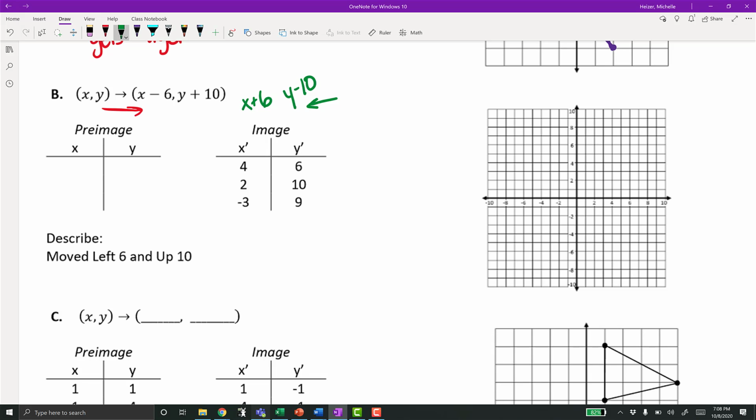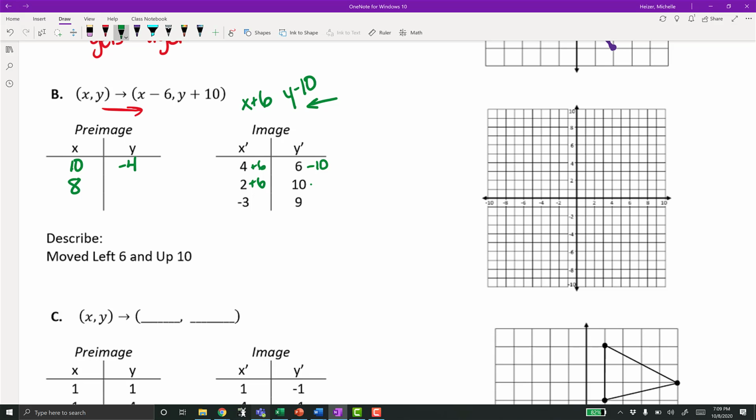Now we're going to do this with all of our image points. X values add 6. 4 plus 6 is 10. Y values subtract 10. 6 minus 10 is negative 4. Next, x value 2 plus 6 is 8.